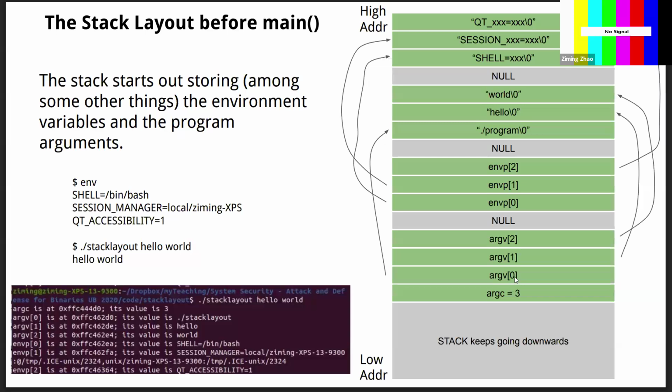And those addresses, because they are addresses, they are pointers. They eventually point to the command line arguments. And the command line arguments will be somewhere on the stack, pushed by the shell or whatever. So that will be the string of the program itself, which in this case is stack layout. Below it will be world. Then after that, we have another array of environment variables. So usually when you program the main function, you don't write this part.